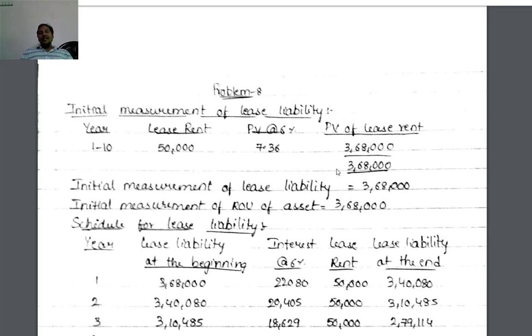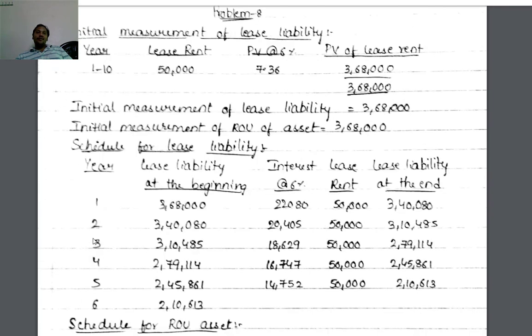So initial value of ROU asset, right of use asset, is the same as lease liability, 3,68,000. Now there is a modification at the beginning of 6th year, so it can be considered end of 5th year. How to arrive at the balance of lease liability at the end of 5th year, or at the beginning of 6th year? For that, we will prepare the schedule for lease liability.